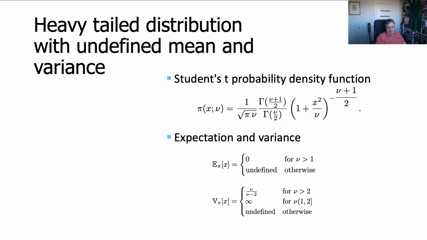Mean is not defined. Similarly with variance: as long as there are more than 2 degrees of freedom, variance is well defined. For the interval between 1 and 2, it is defined, but it's infinite, and for Cauchy distribution, so for 1 or less, it is undefined.